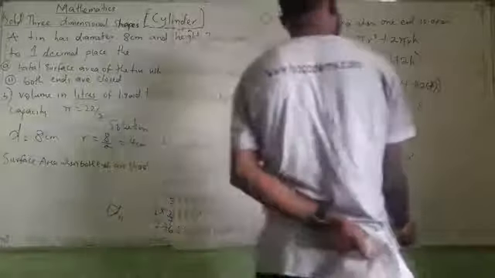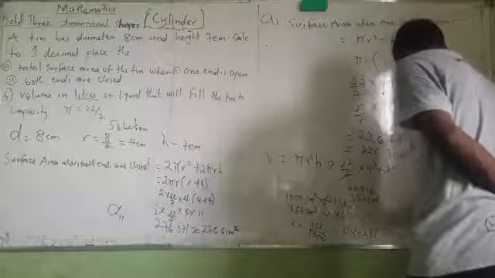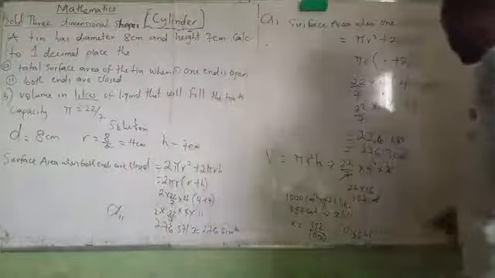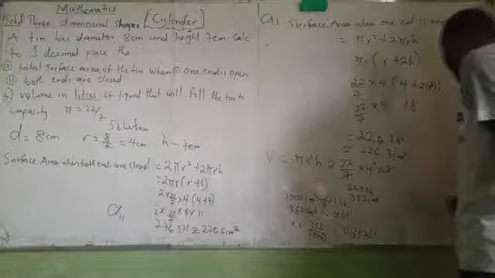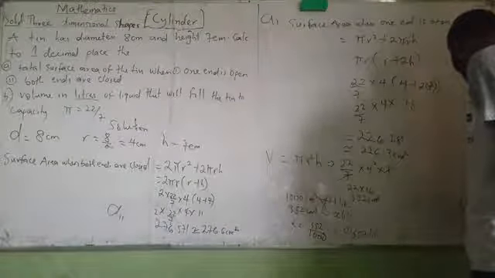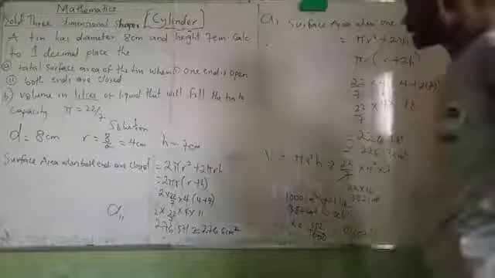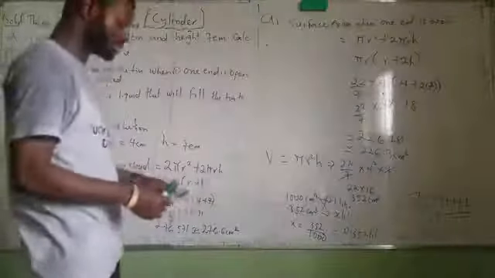Now approximately equals to, they said in 1 decimal place, 0.4 liter. That is my answer. Is 0.4 liter. I think at this junction, I will be stopping on the cylinder.